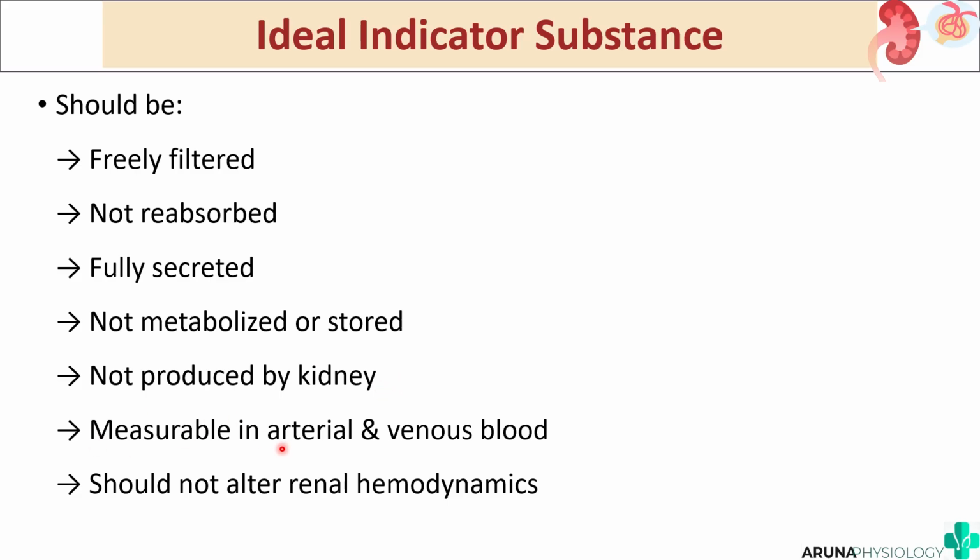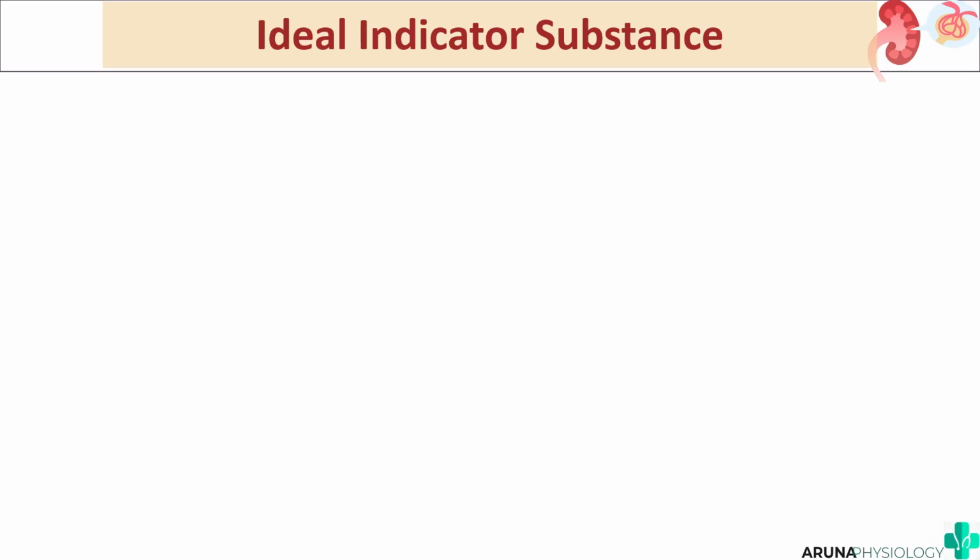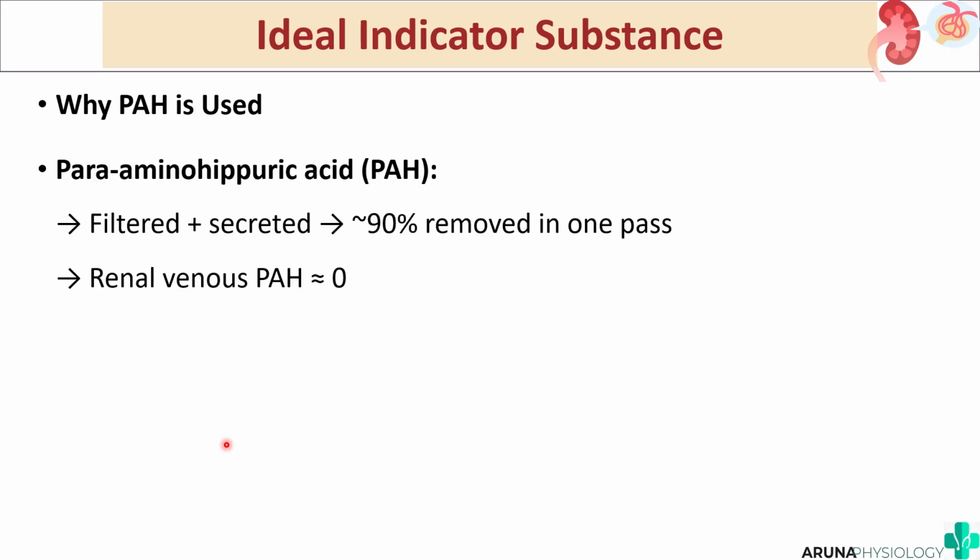It should be measurable in the arterial and the venous blood, and it should not alter the renal hemodynamics. These are the properties required for an indicator used to measure the renal blood flow. And such an indicator substance that is usually used is PAH, or para-aminohippuric acid.